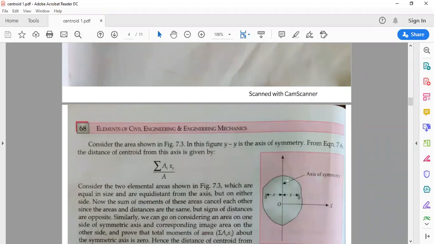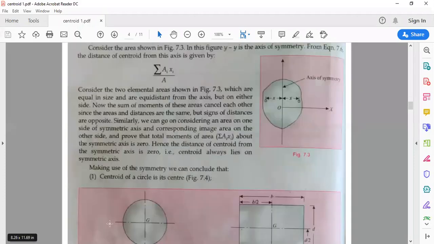Then the centroid always lies where the two axes meet. If there is an axis of symmetry about the x-axis and also about the y-axis, then the centroid lies at the center. You can see this in the case of a circle.